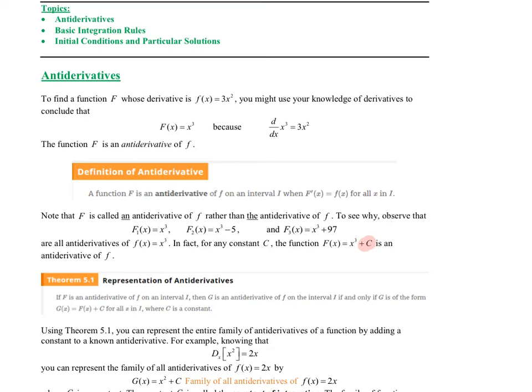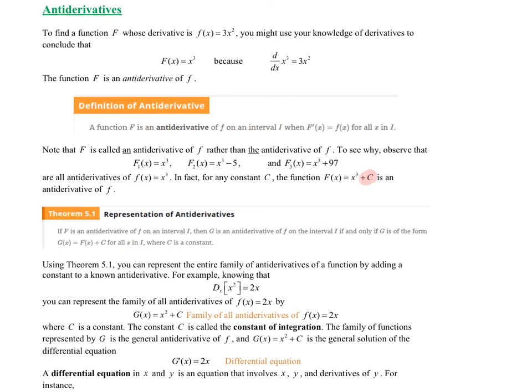because we can always add plus c. So let's read theorem 5.1. It says if capital F is an antiderivative of lowercase f on an interval I, then capital G is an antiderivative of lowercase f on the interval I if and only if capital G is of the form capital G of x equals capital F of x plus c for all x in I, where c is a constant.